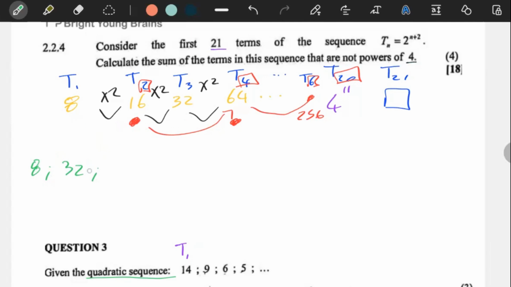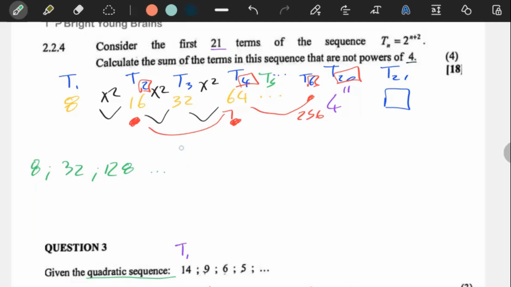It's also going to be a sequence where you're multiplying by 4 all the time, because after 32, the next term you're targeting is T5, right? Which will be 32 times 4. That's like 128. Going on and on and on, you see?